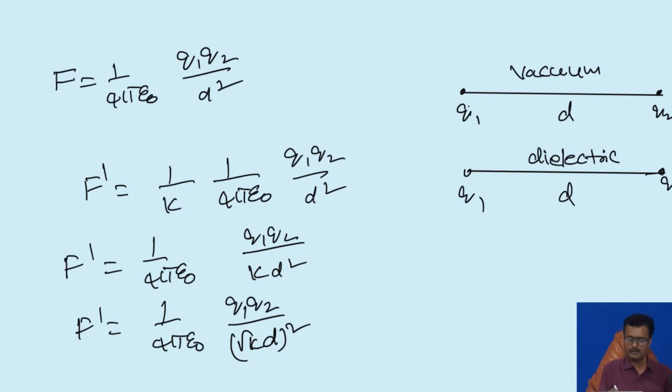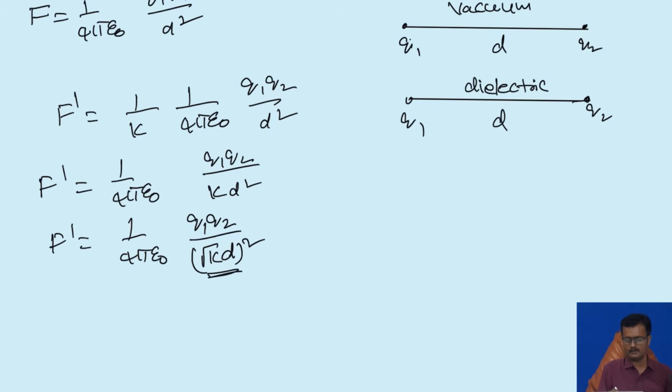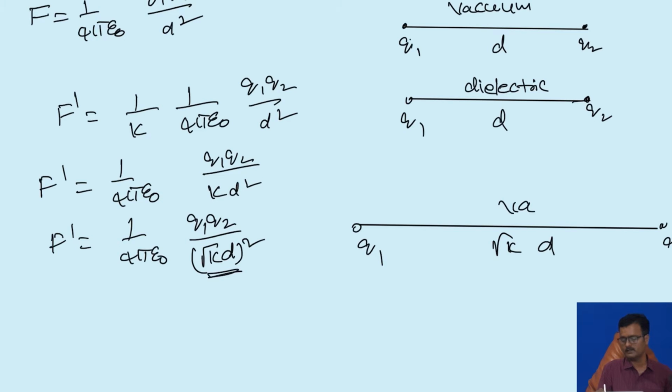See here, if suppose between two charges Q1 Q2 the distance is root K d, and this is the vacuum, so what is the force? That force is equivalent to this one.